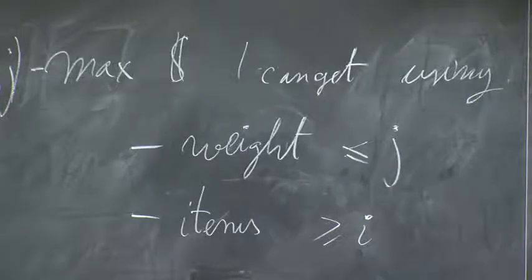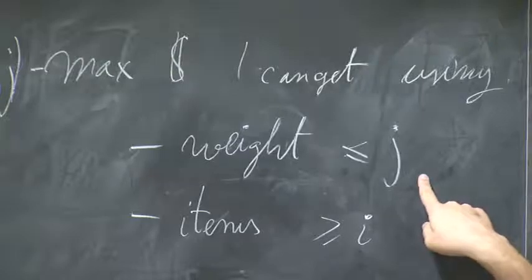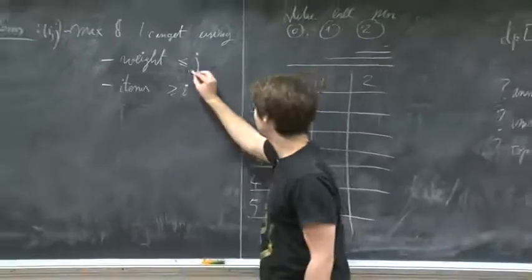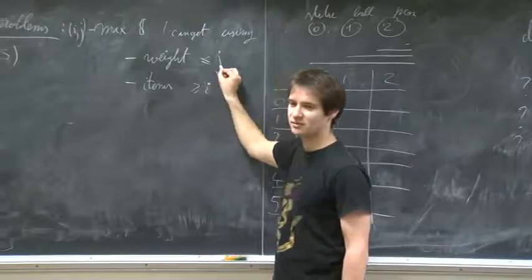So 0 or more, so items 0 through n minus 1. These are all the items. This is the maximum capacity. So this maps to the initial problem, and that's why I don't have an equal sign here.